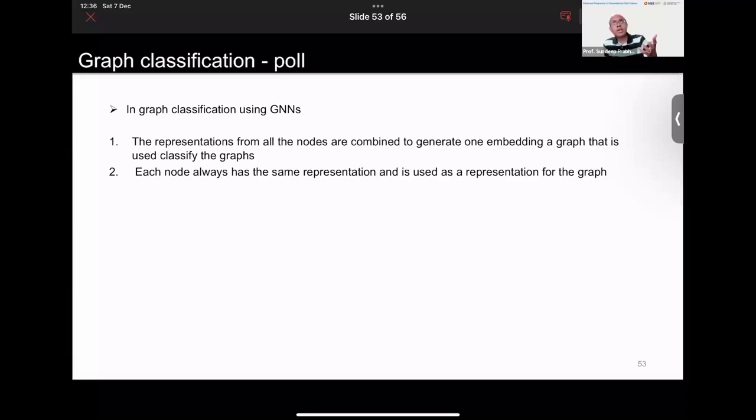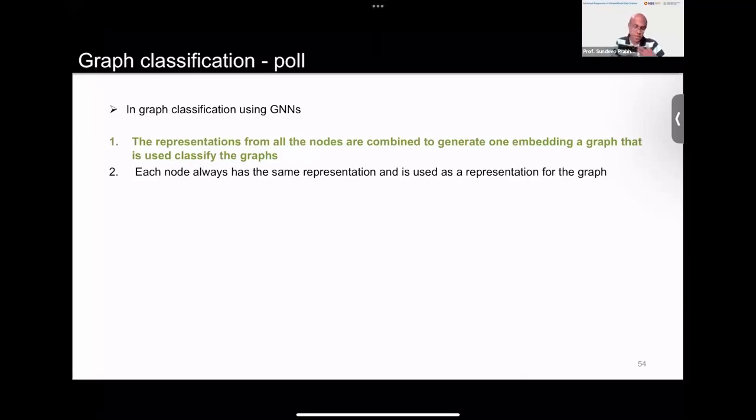But now when you're doing graph classification, the label is for that particular graph, the entire graph. So what we are trying to see is how should we go from these 50 embeddings to one embedding that I can work with. And so that's what this poll is about. I'll end this now. And as I was explaining, what we would do is combine that information through an average of all the nodes, or a mean pooling operation.